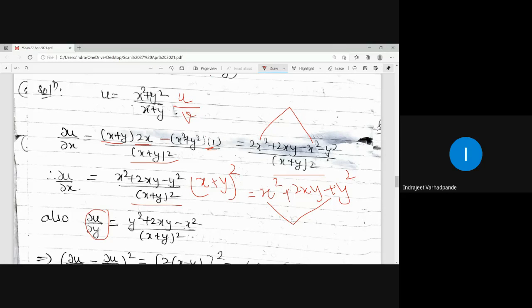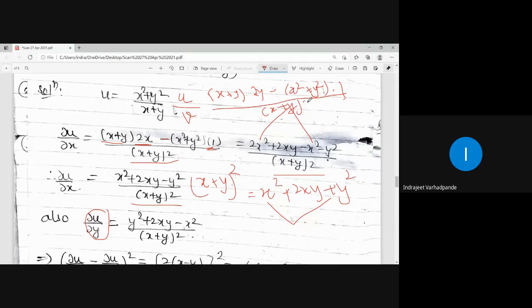Del u by del y: (x plus y) into, what will be the derivative? It will be 2y, right? The derivative of x square plus y square, minus numerator as it is into derivative of x plus y with respect to y, which is 1, upon (x plus y) whole square.